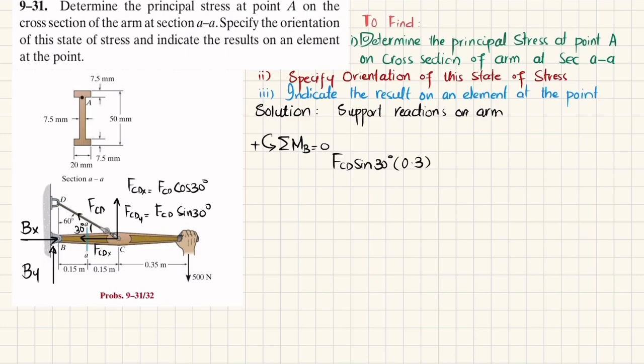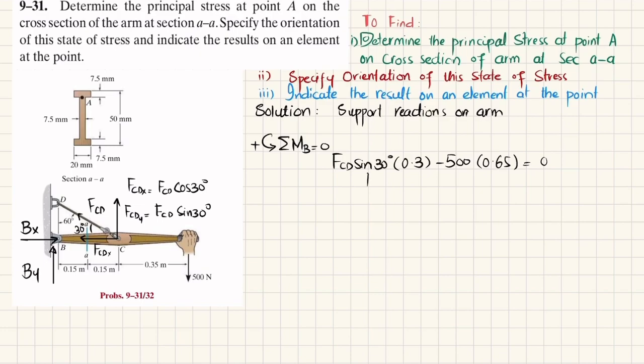The second moment is produced by the 500 Newton load, and the perpendicular distance is 0.65, since this is 0.3 and this is 0.35. It is producing clockwise moment, so it is negative. So I write minus 500 times 0.65 is equal to 0.